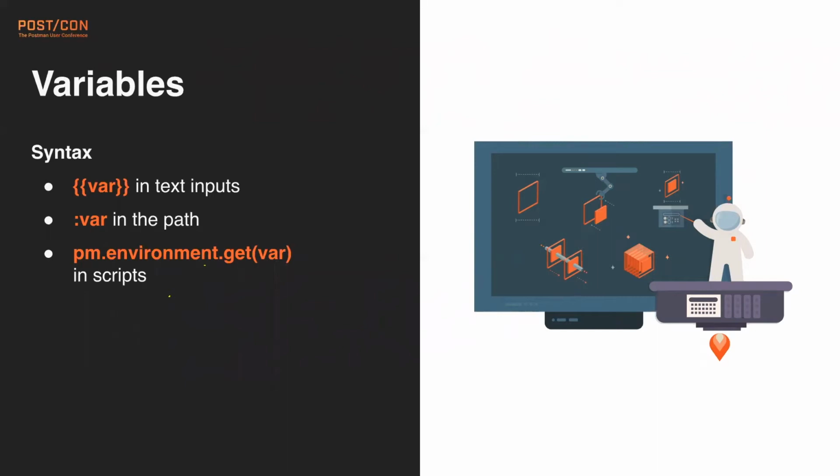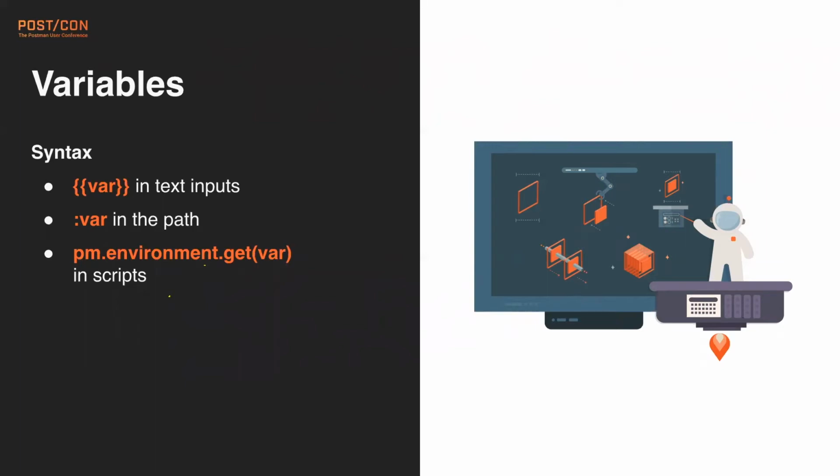So you just wrap whatever the name of your variable is in that double curly brace, and that will assign whatever that value is in your environment or your global to that specific variable. If you're in the path, you can use a different notation, which is a colon in front of the name, and that will function as well.